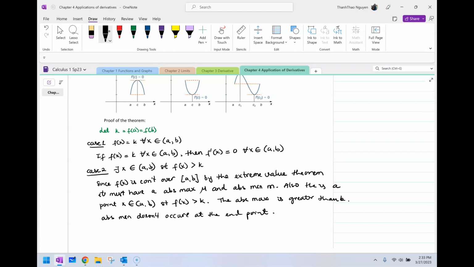So this tells us that the absolute max is at an interior point of the closed interval [a,b].